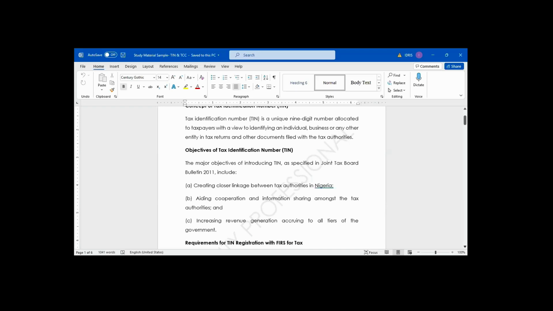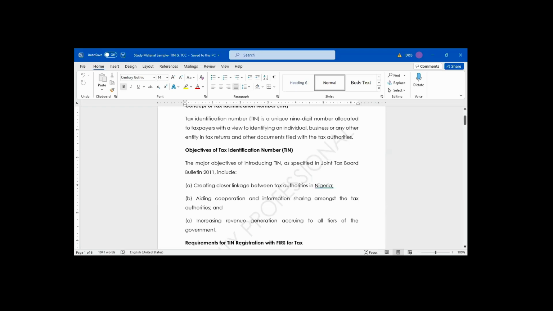Some of them, by having tax identification number, will be afraid of not complying with the tax law. It will make them pay tax because they know that tax authority has information about them and can trace them if they did not pay tax. So it will increase revenue.